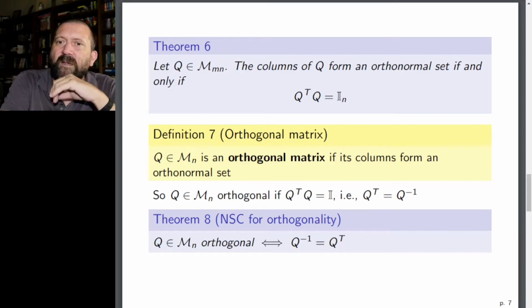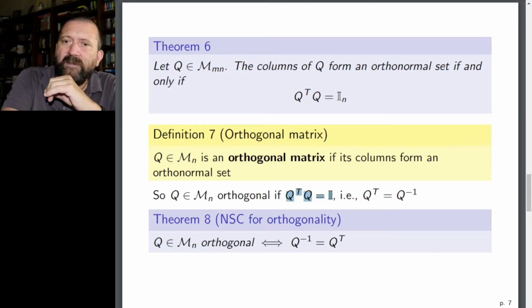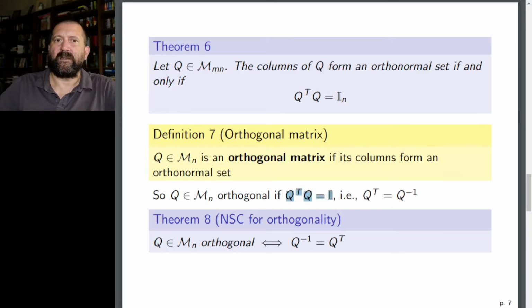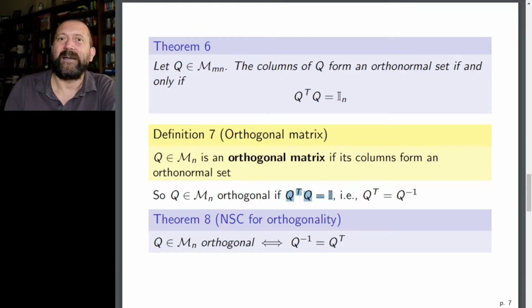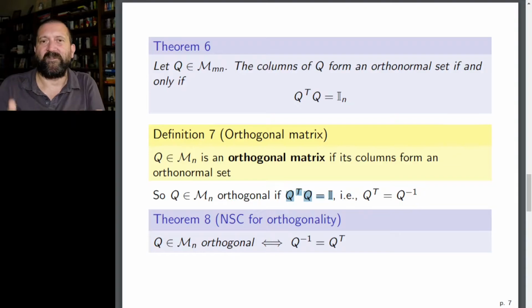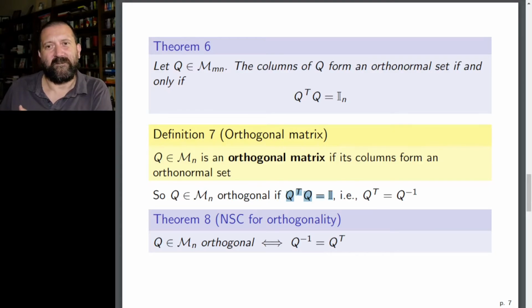But when you write that a matrix A times another matrix B is identity, and that the matrices are square, you're saying that one of the matrices is the inverse of the other. Remember, this is how we define the inverse of a matrix. We say that B is the inverse of A if A times B equals B times A equals identity.